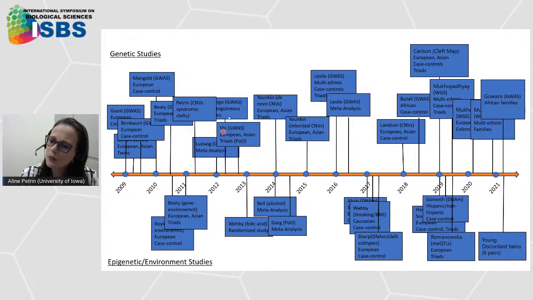Most of the early part of the 2000s was focused on GWAS and copy number variation studies, and also interaction between gene and environment. Then we started seeing more extensive studies including whole genome sequencing, and now the epigenetic studies are gaining a lot of ground in the clefting field.